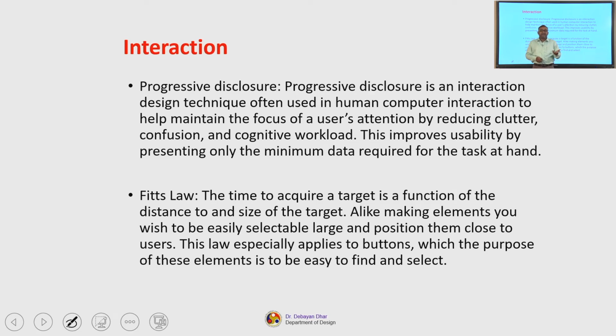The next one is very exciting and interesting, which is called progressive disclosure. Now, progressive disclosure is an interaction design technique, which is often used in human computer interaction to help maintain the focus of users' attention by reducing clutter, confusion and cognitive workload.